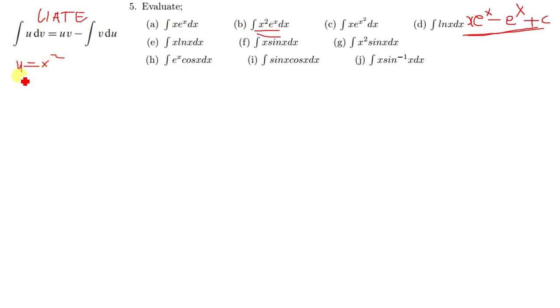So meaning my du will just be equal to 2x dx. That is my du. And then from this expression, it means that my dv is just equal to e to the power x dx.